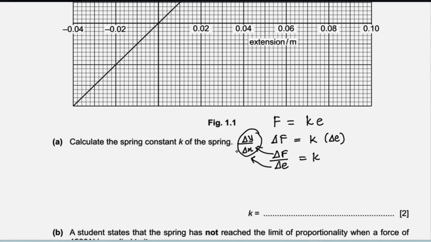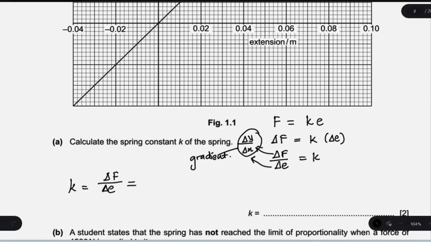Anything that gives us change in y over change in x will always be equal to gradient. So in our case, K is equal to change in F over change in extension.